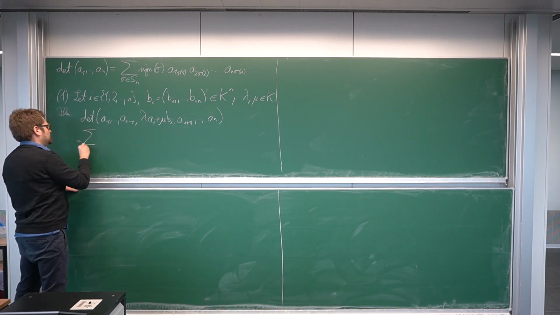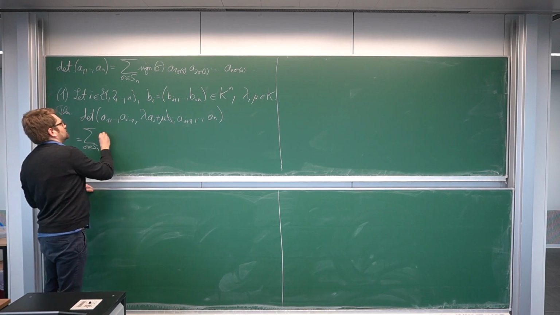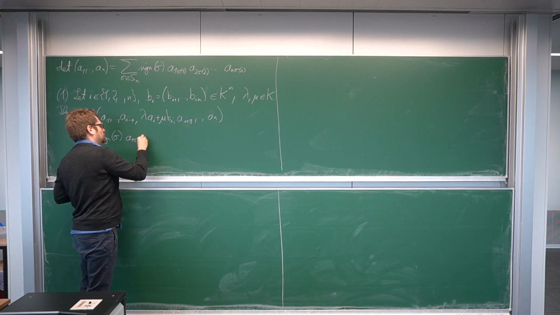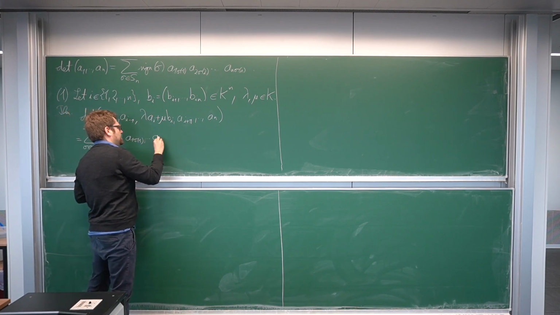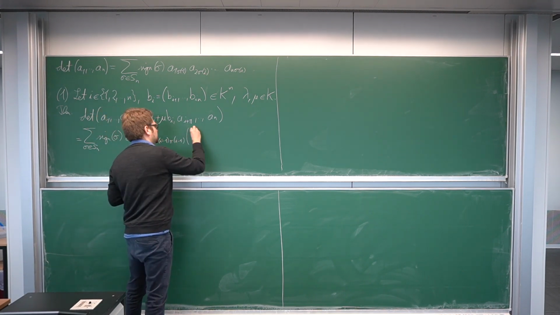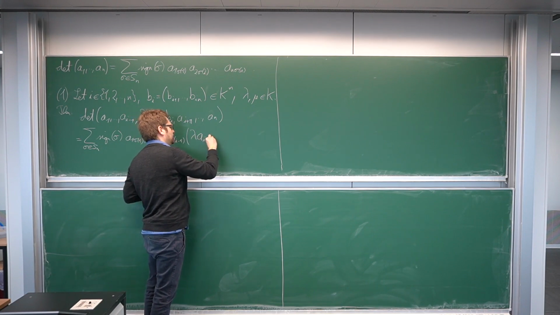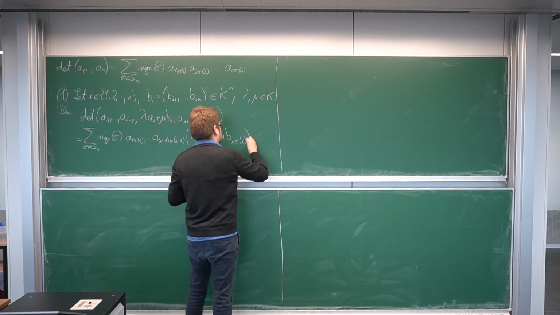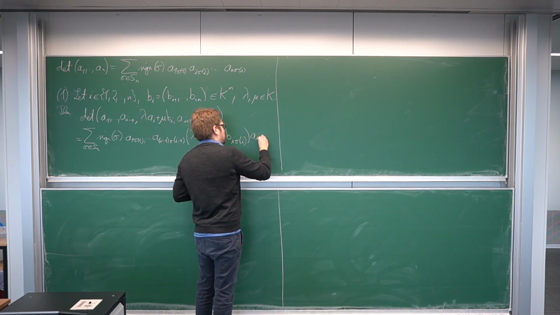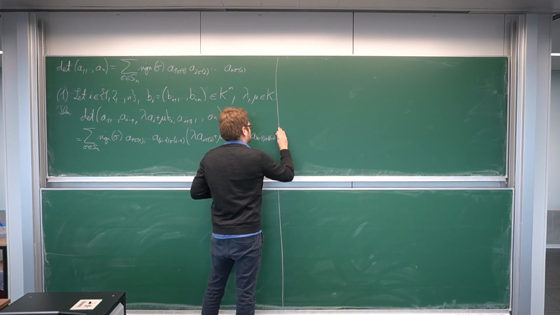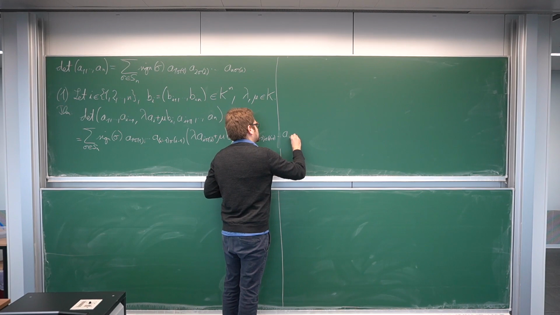So this is the sum over sigma in Sn, sign of sigma, a1 sigma of 1, and so on, to a i minus 1 sigma of i minus 1. And now the ith entry is lambda ai sigma of i plus mu bi sigma of i, so the corresponding component here. And the rest stays as it was, a i plus 1 sigma of i plus 1, and so on to an sigma of n.